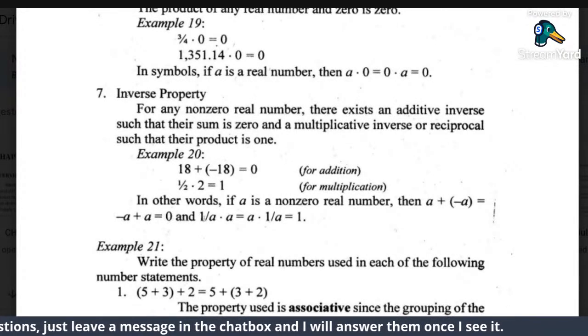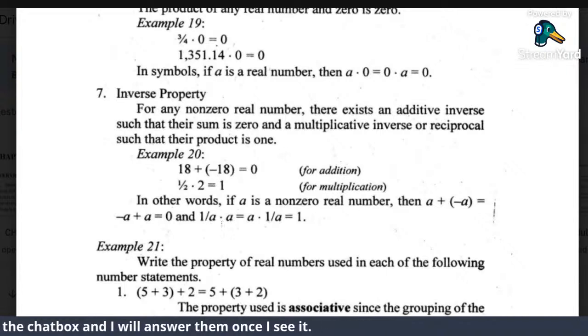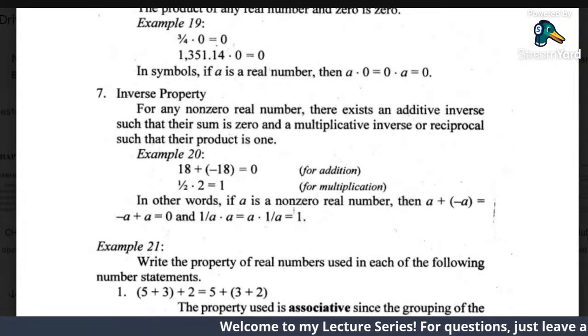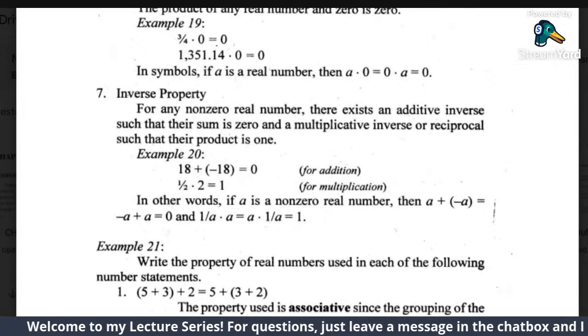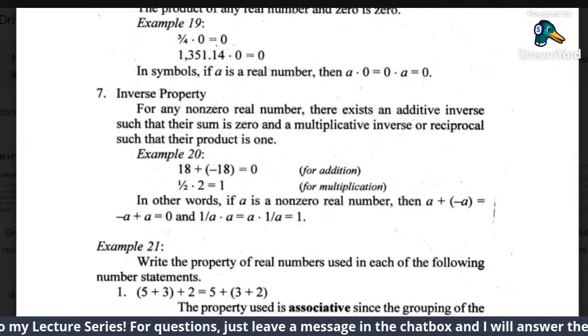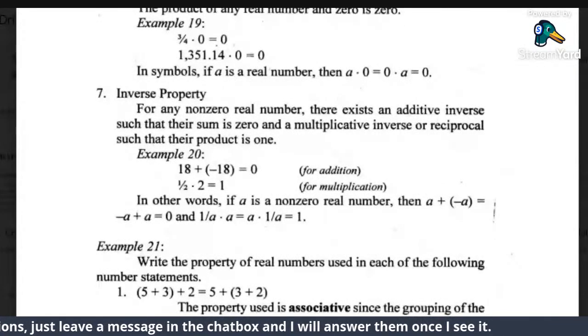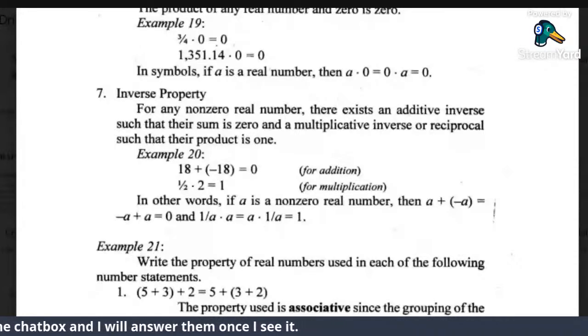And for multiplication, 1 over A times A is equal to A times 1 over A, which is equal to 1. So for the inverse property, for addition, the number and its additive inverse will give you 0. For multiplication, the real number times its multiplicative inverse or reciprocal will give you 1.